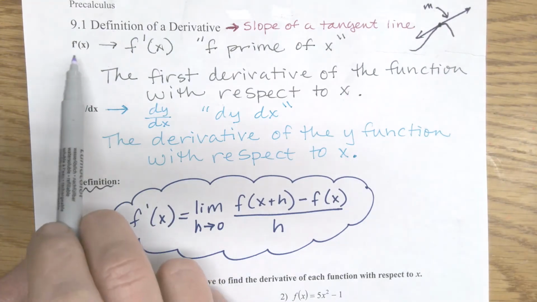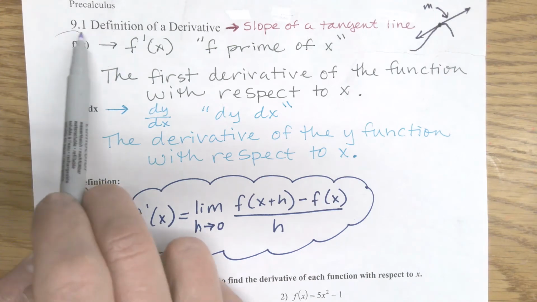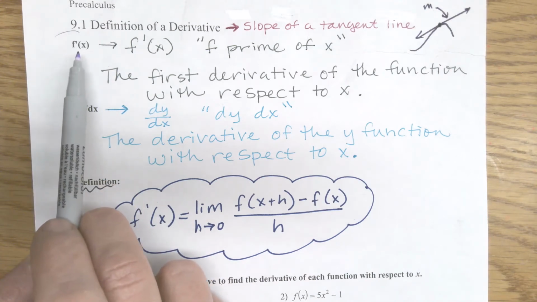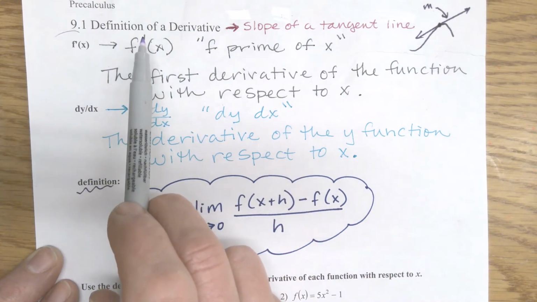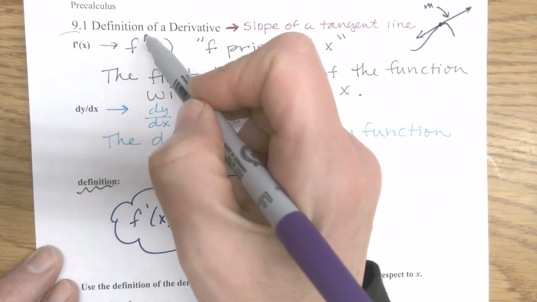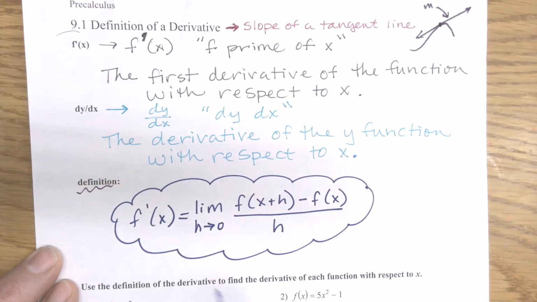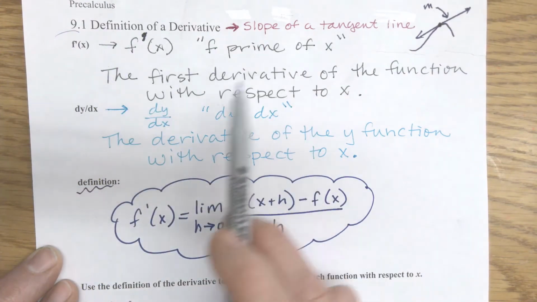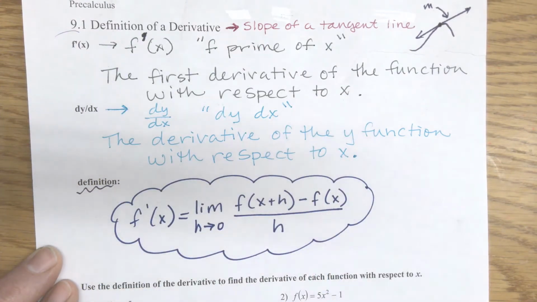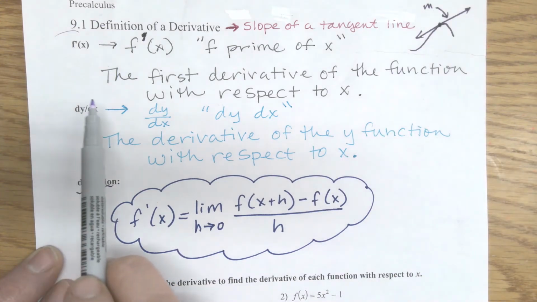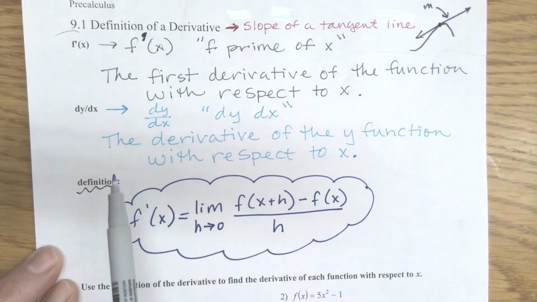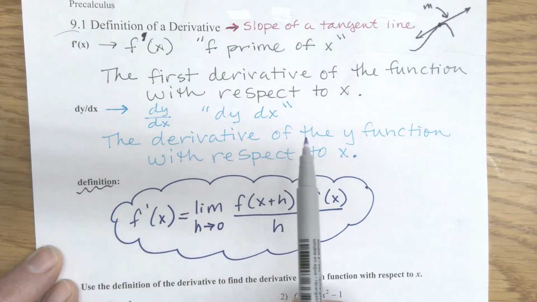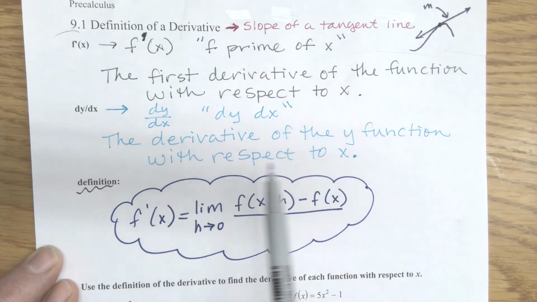The derivative has a couple of different ways of writing it. One way is f prime of x. That's not a 1, it's an apostrophe. That's f prime of x, the first derivative of a function with respect to x. It's also written as dy dx, the derivative of the y function with respect to x.